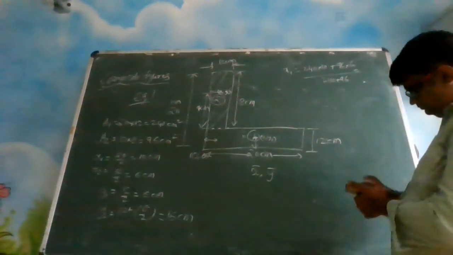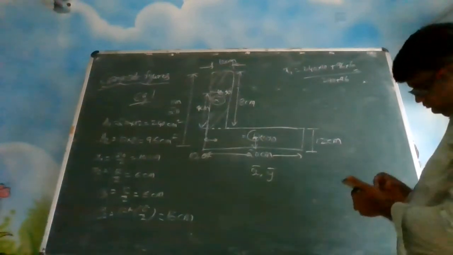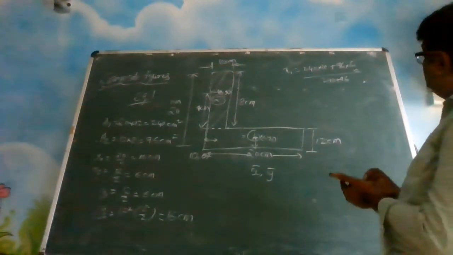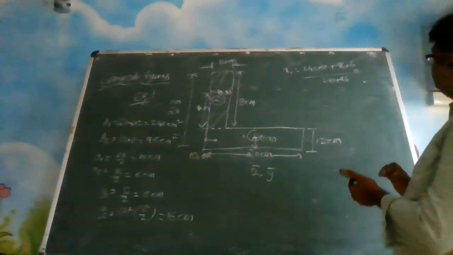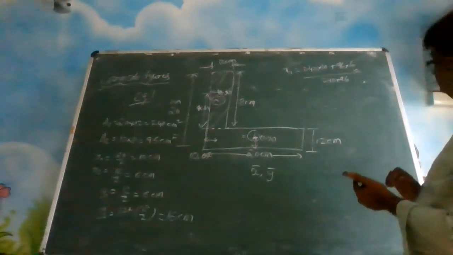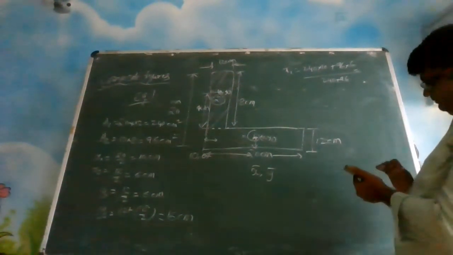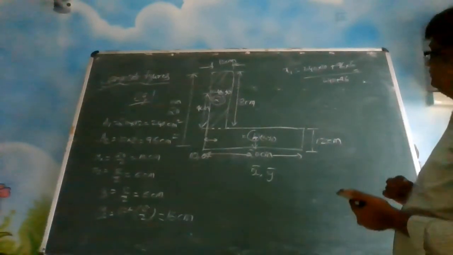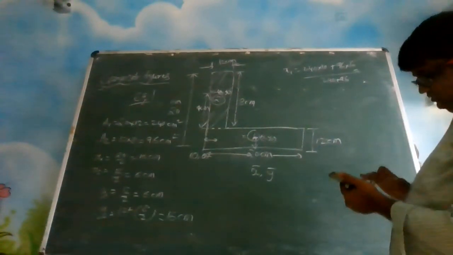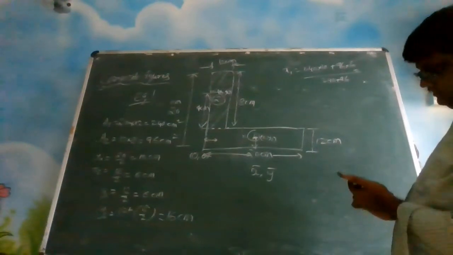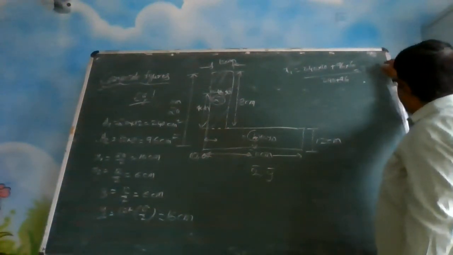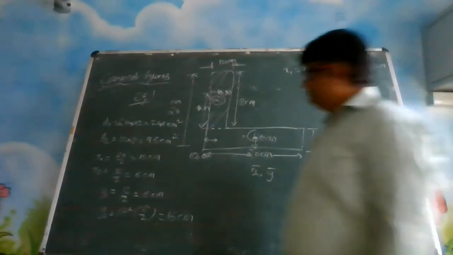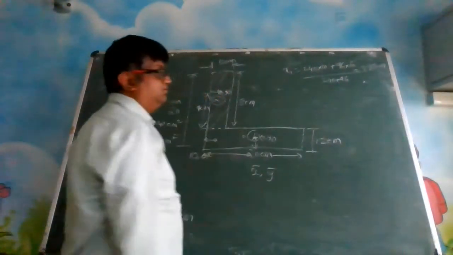So it is 96 into 6 plus 2400 divided by 240 plus 96, 336. 8.85 centimeters. We got x1 value, right?